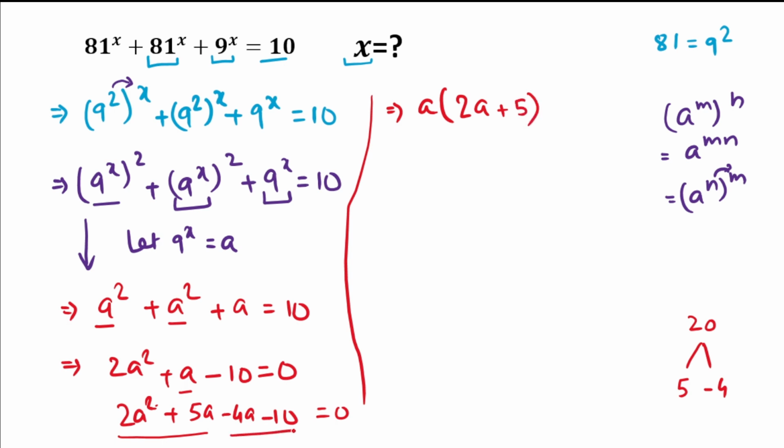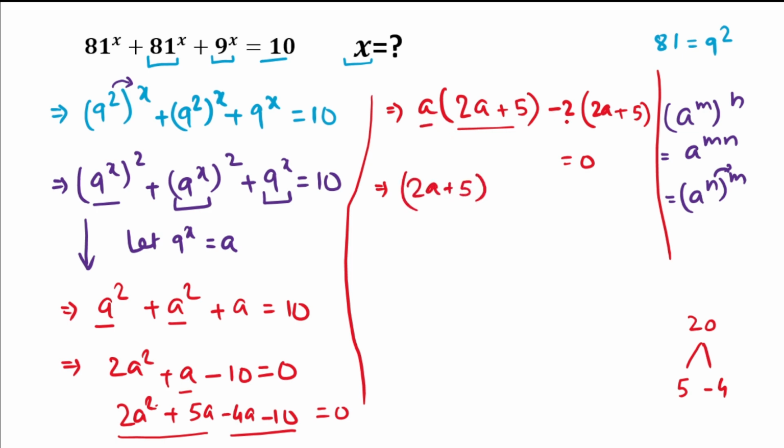And now from the next two we can take negative 2 common, and the remaining here is plus 2a, we have taken negative common, and here it is plus 5, that is equal to 0. Now we'll take common again. So it is 2a plus 5, and in the other bracket it will be a minus 2, that is equal to 0.